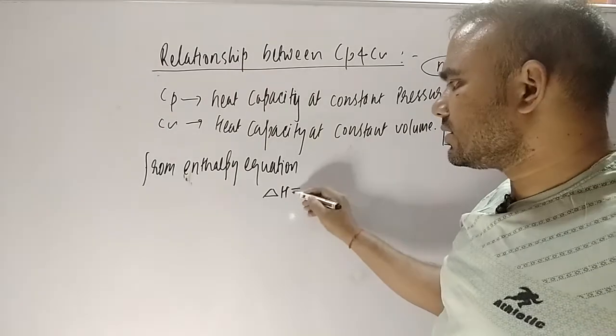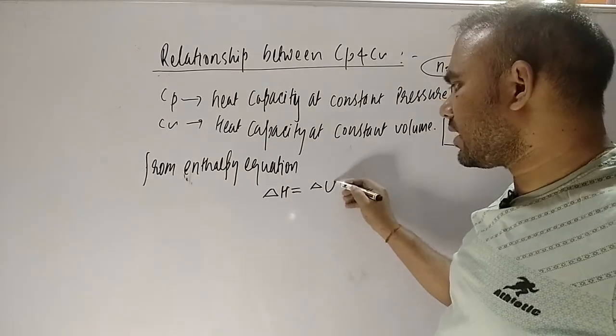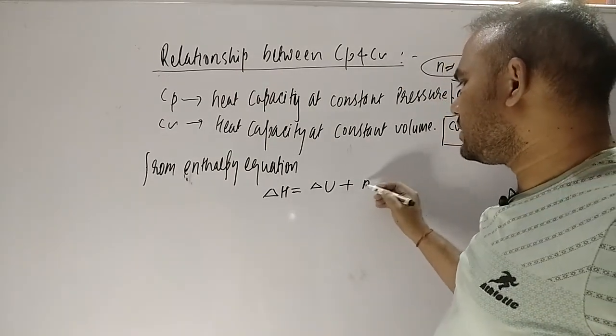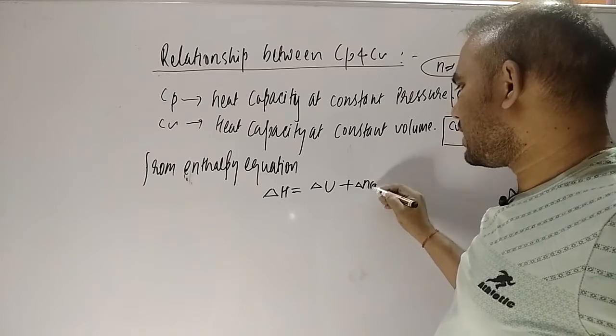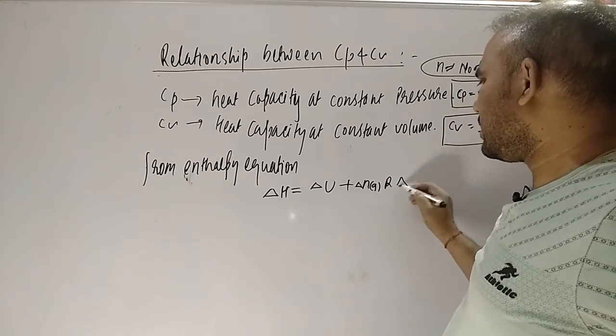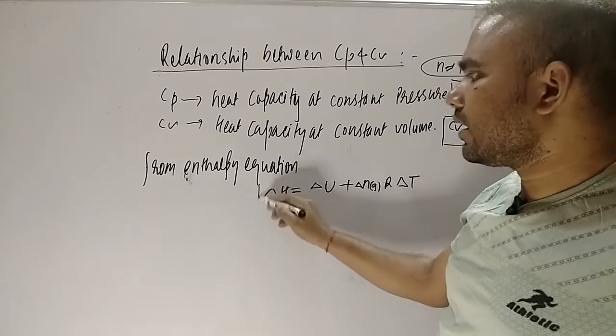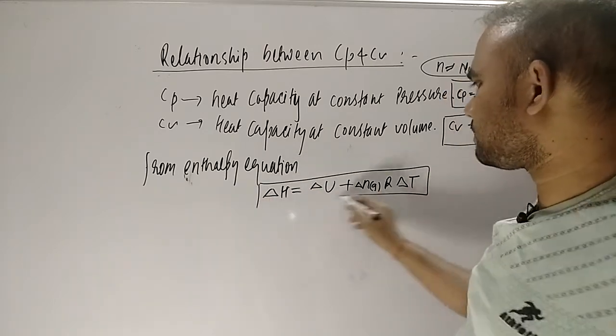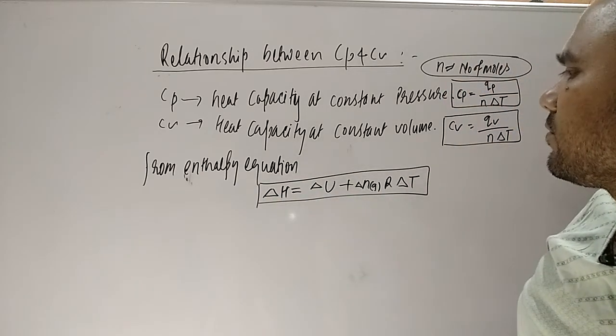So delta H is equal to what? You write delta U plus delta n g R T, that is delta n g R delta T. This is the enthalpy equation, right students?